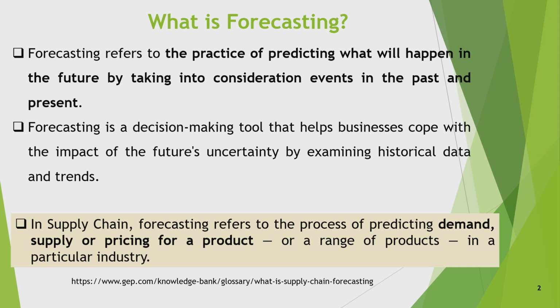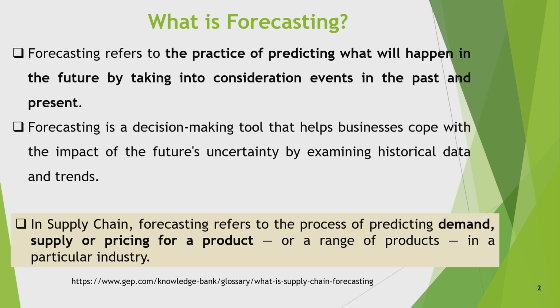Forecasting refers to the practice of predicting what will happen in the future by taking into consideration events in the past and present. Forecasting is a decision making tool that helps businesses cope with the impact of the future's uncertainty by examining historical data and trends.